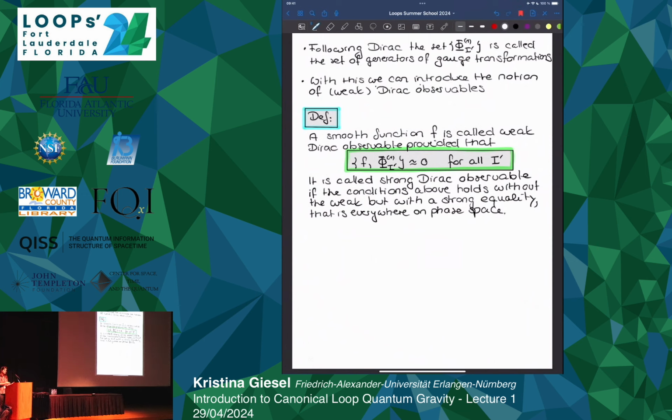But you can also see this, for instance, in other gauge theories that you use in the standard model. And in this way, by applying this Dirac algorithm, which you anyway need to do in order to perform the Legendre transformation, you also get the final set of first-class constraints and also know what the gauge symmetries in your system are.